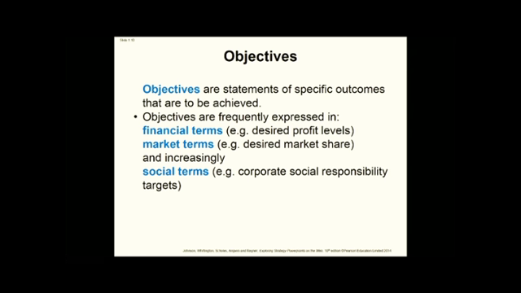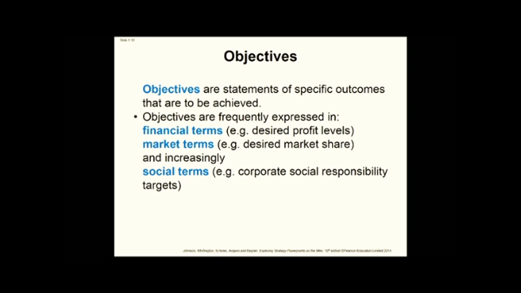Now these have some numbers on them. They are broad objectives. They're saying nothing at all about how we go about achieving those objectives. But they are quantified, measurable, testable objectives which the organisation can set. And they may have also some objectives in terms of what we might call social terms, corporate social responsibility, how we operate in relation to environmental issues, equality issues, access issues, these kinds of things.